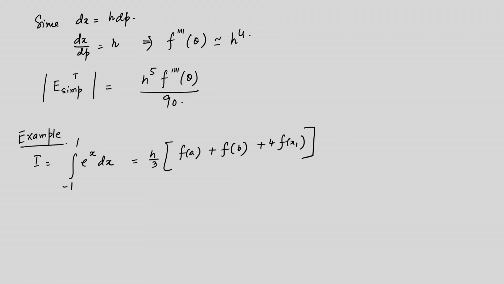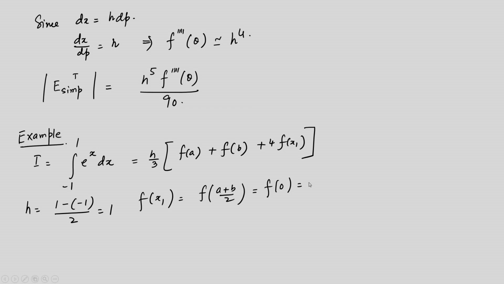So h is equal to b minus a by 2, which is 1 plus 1 by 2, which is equal to 1. f of x 1 is equal to f of a plus b by 2. So a plus b is equal to 0. So this is f 0, that is the value of the integrand, which is 1.